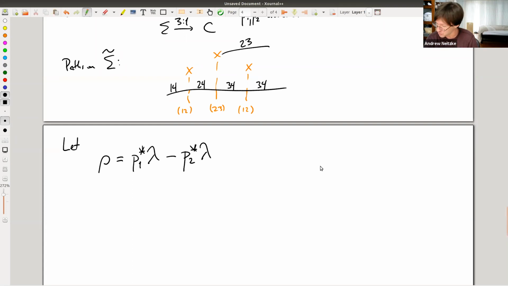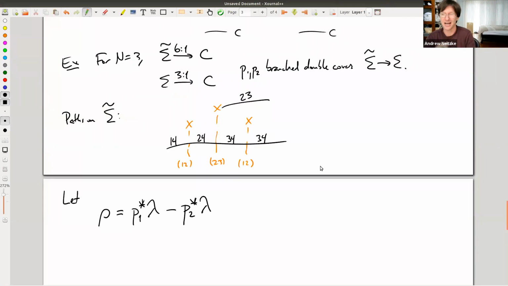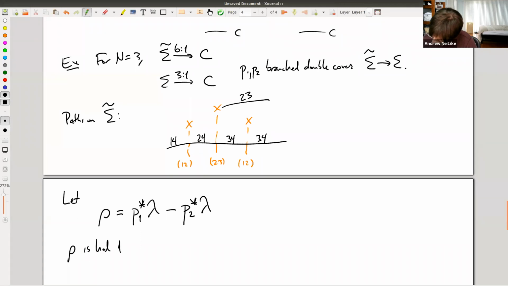So this is just the global way of saying what I said informally before. You take lambda i minus lambda j. This is the global version of that. Okay, so it's a holomorphic 1 form on sigma twiddle, with zeros only over the branch points.